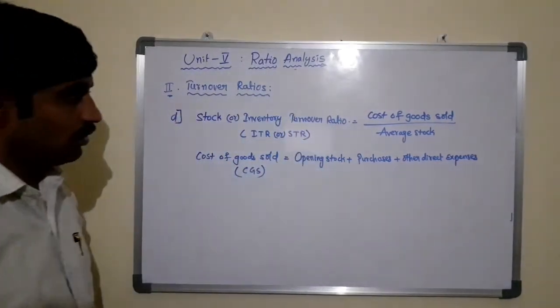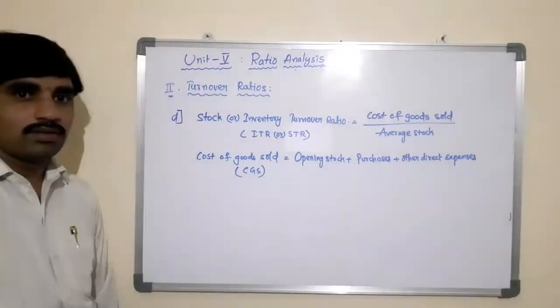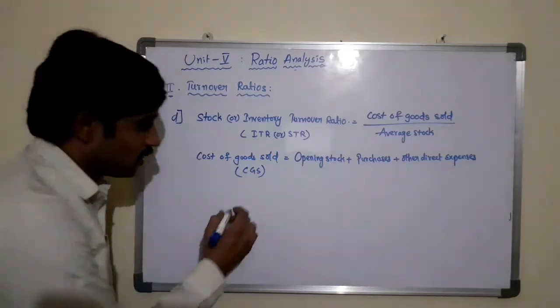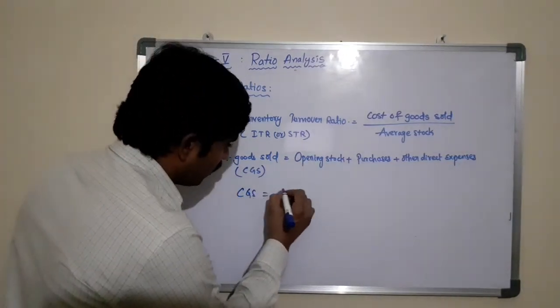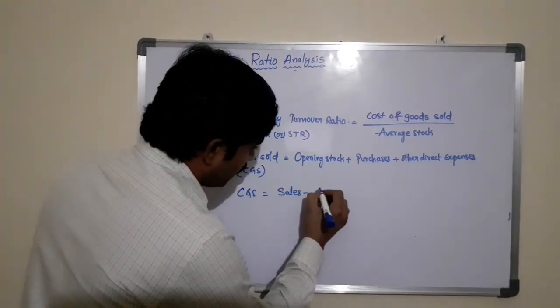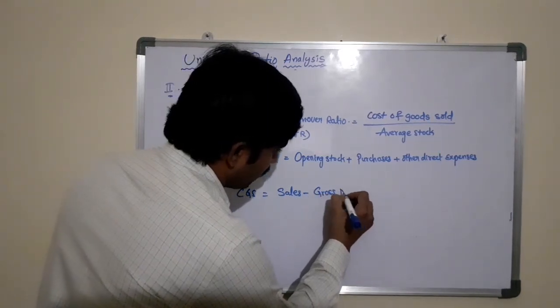Cost of goods sold is also calculated by using the formula sales minus gross profit.